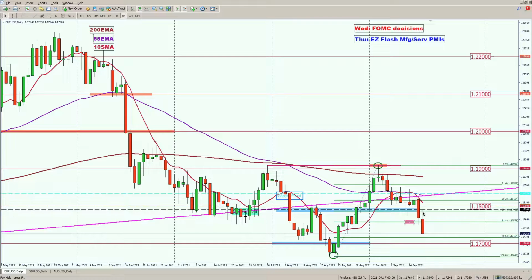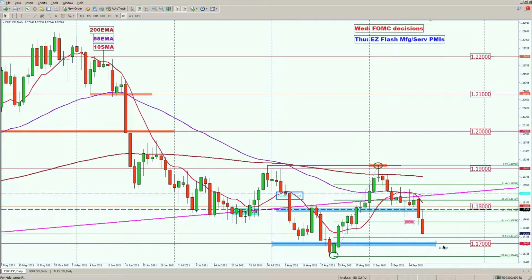It pulled back to retest the 50 fib again, and the breakdown from the monthly pivot at the 117.90 fell further, heading towards the 78.6 retracement level.